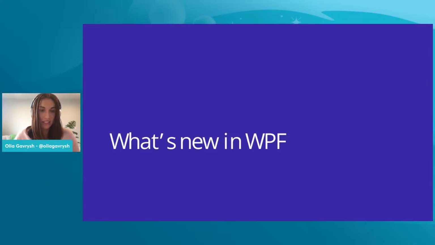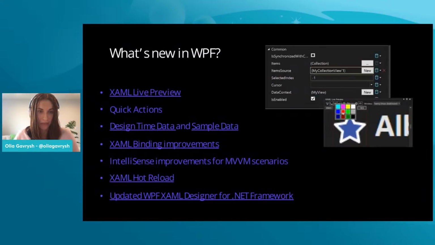And with that, let's talk about specifically WPF. What is new in WPF? Well, as I mentioned, we have XAML Live Preview, and that is a window in Visual Studio that shows your running application. We've heard some complaints from our users: when you're using only one screen and you're running your WPF application, using hot reload, changing the code, and want to see how it looks, you have to switch between the screens.